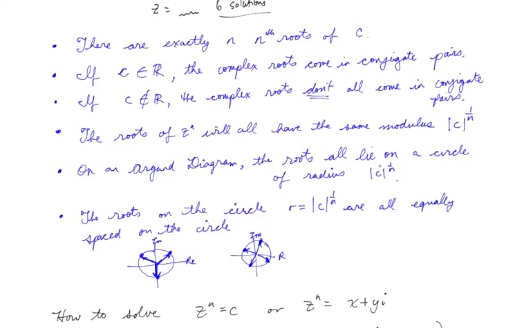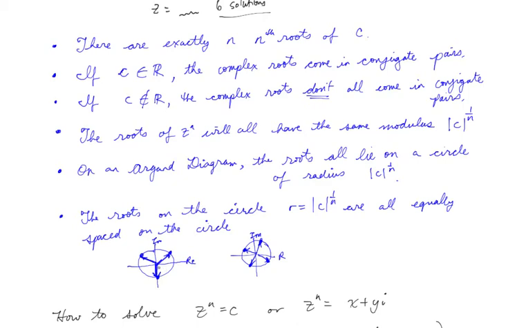And that's really because all of the roots will have the same length. Also, if I were to graph all of these on the Argand diagram, the roots would all lie on the circle and they would all be equally spaced on the circle, which is kind of interesting.